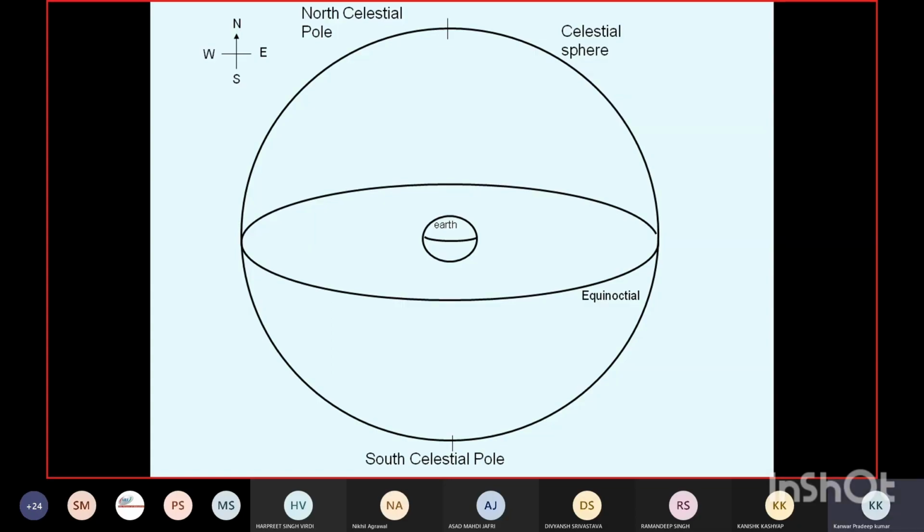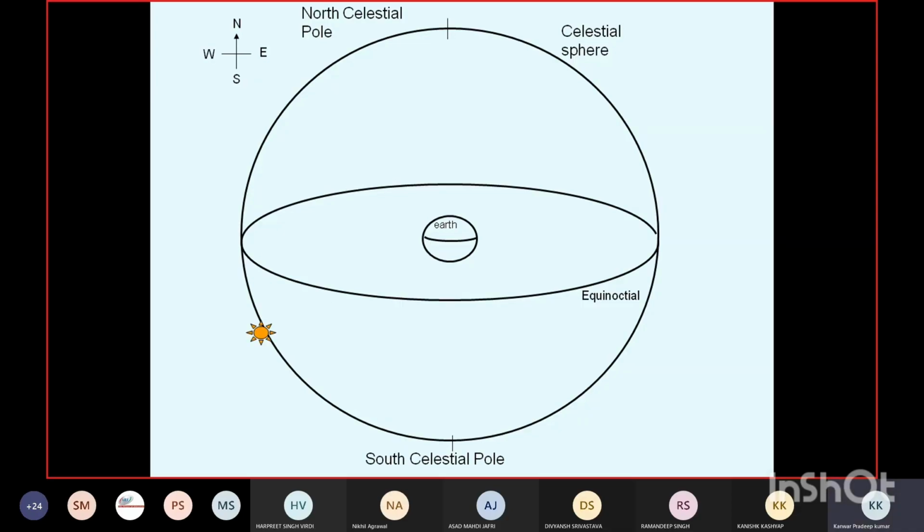So here the equinoctial is also dividing the celestial sphere into two hemispheres, the northern celestial sphere and the southern celestial sphere. Any body which is above the equinoctial in the sky has a north declination. Every body which is south of the equinoctial has a southerly declination.